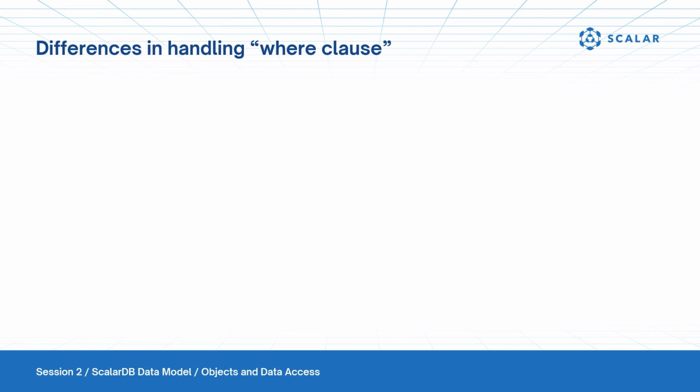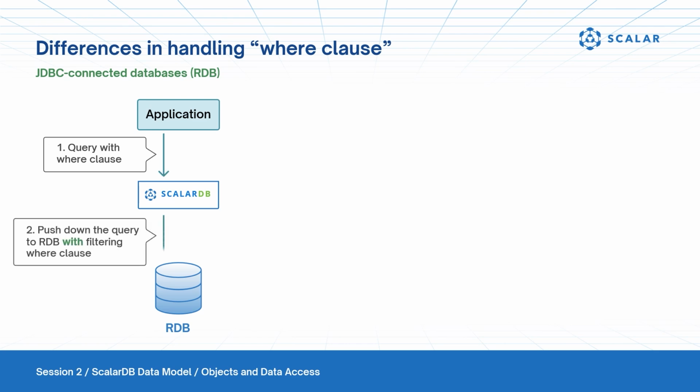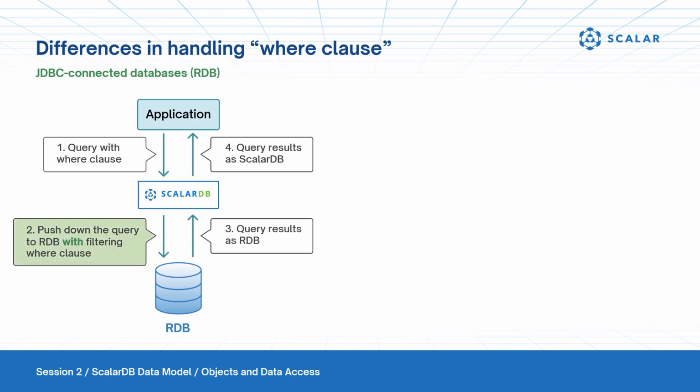We will discuss more about the where clause now. There are differences in how the where clause is handled by RDB and NoSQL databases. In an RDB, queries containing the where clause are properly pushed down to the target database. All filtering conditions, including the where clause, are executed in the RDB, returning only the required results.